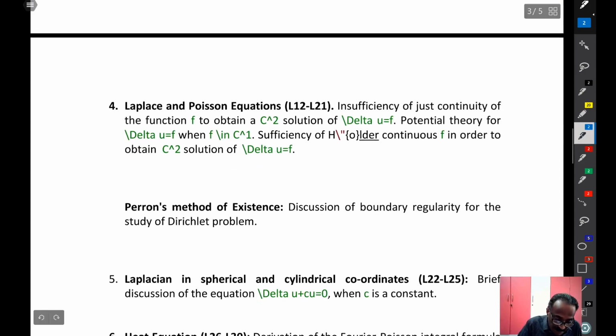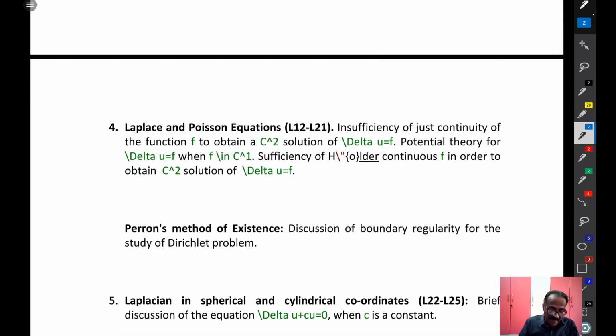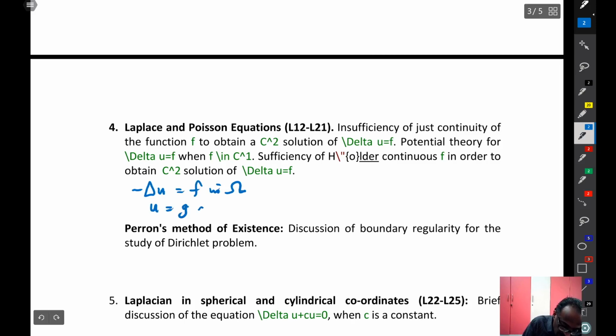So let me briefly tell you what we have done on the Laplace equation. Our aim is to study minus Laplacian u equal to f in a domain omega, with u equal to g on the boundary of omega.